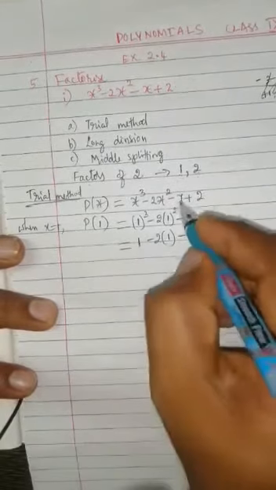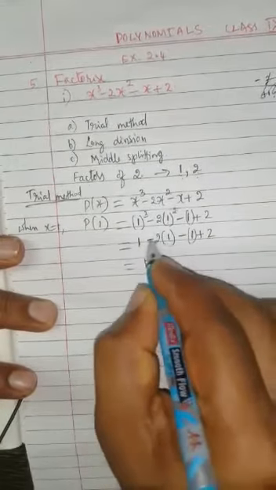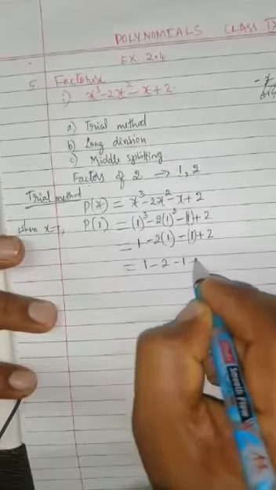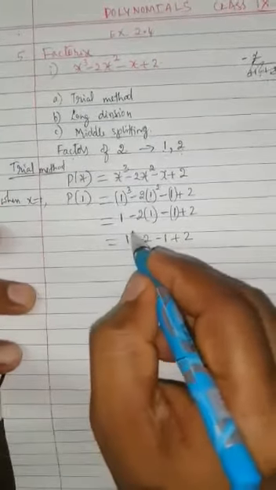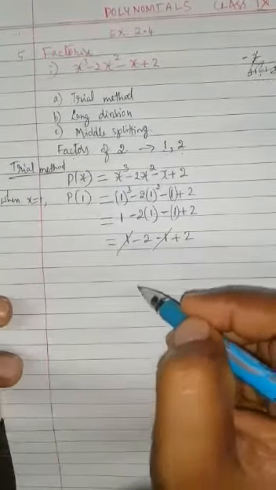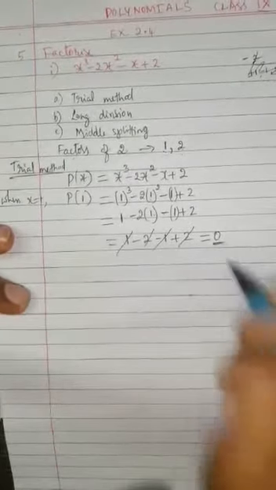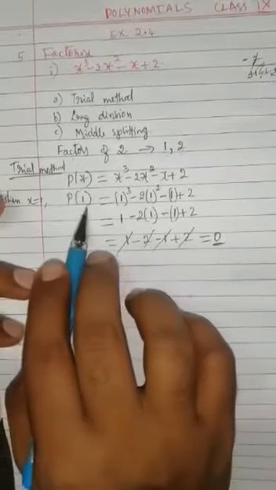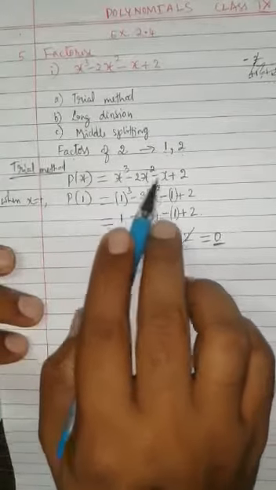That is 1 minus 2 plus... minus 1 plus 2. Are we getting 0? Yes. The plus 1 and minus 1 get cancelled. The minus 2 and the plus 2 get cancelled. We get 0. Since we get 0, 1 is a factor of the polynomial x cube minus 2x square minus x plus 2.